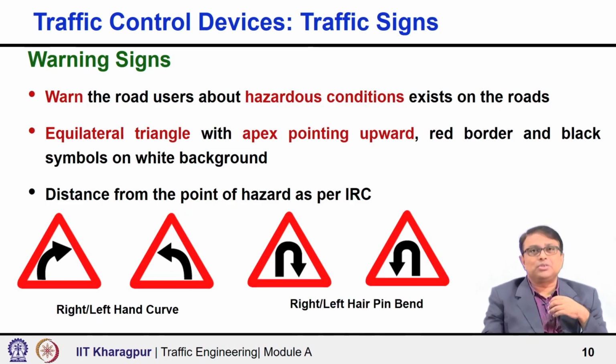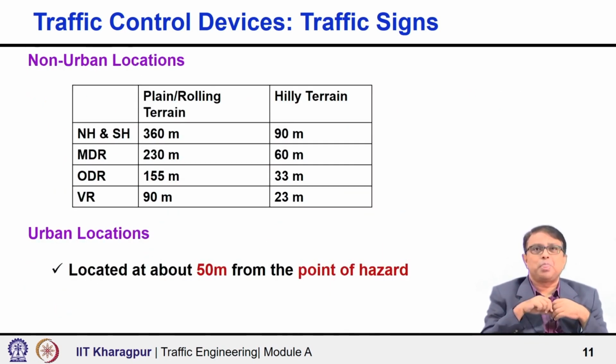So, how much distance should be there? These are mentioned in the IRC code. For plain and rolling terrain, with favorable conditions, the values are relatively higher than in hilly terrain, where they are not so much in advance, because speed will also be lower.